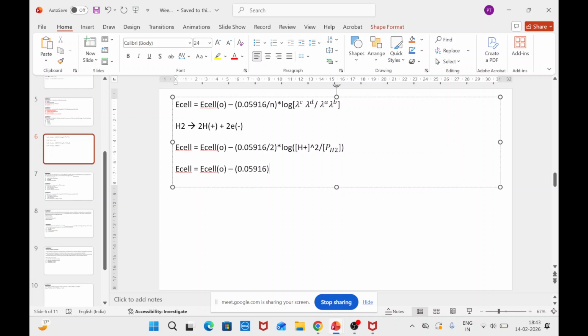Log 10 A square can be written as 2 log 10 A. I hope everyone is familiar with the logarithmic identities. So if you write that, then that 2 along with the 2 in the denominator will cancel, and you will end up with log of H plus.